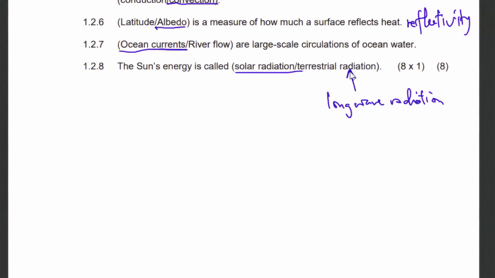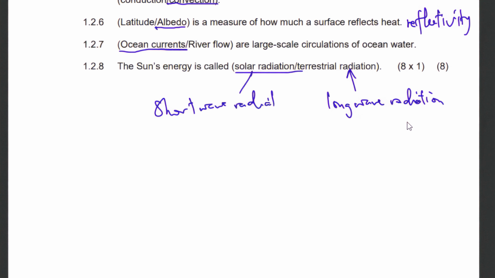At night, we have some loss of heat from the ground surfaces, which tends to regulate global temperatures. If it were not for long wave radiation, the Earth's surface would have overheated because of continuous receiving without shedding some of the heat that has been received. So we have long wave radiation, which is terrestrial, which is the loss of heat from the ground surface, and then this is short wave radiation.